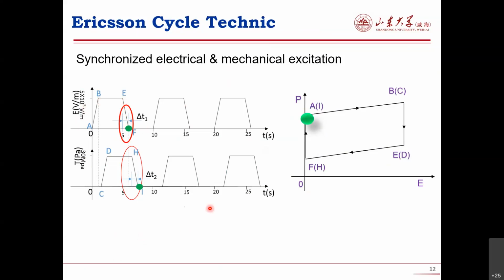I think for the applied electric fields, 50 to 500 volts per millimeter is useful in the Aerosol cycle technique. With a higher electric field, some piezoceramics may have a small depolarization.